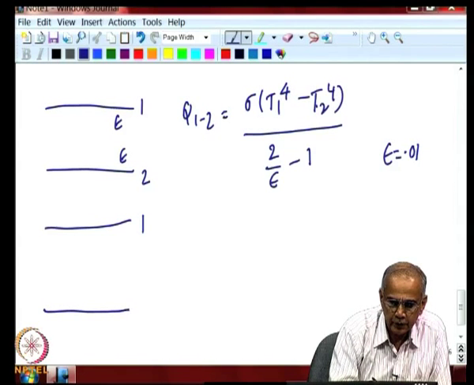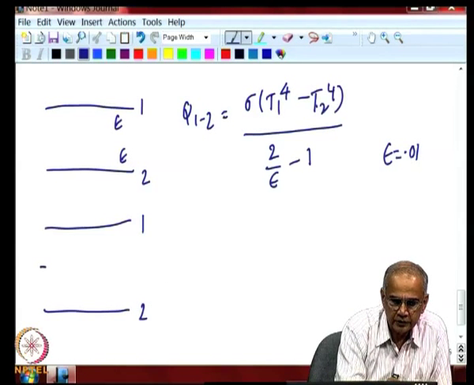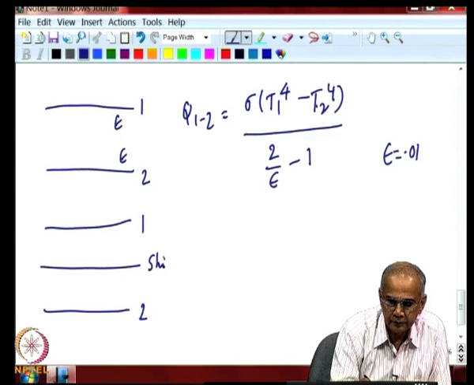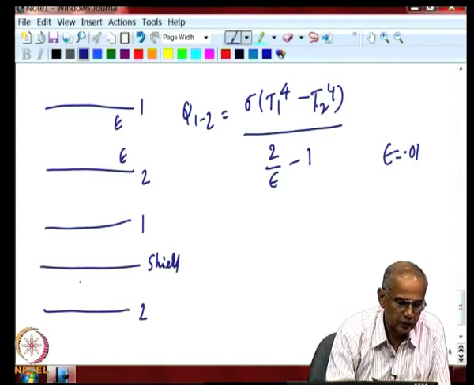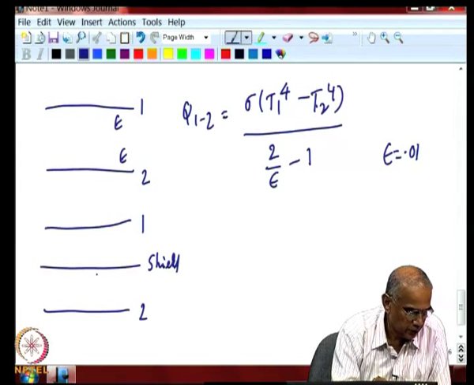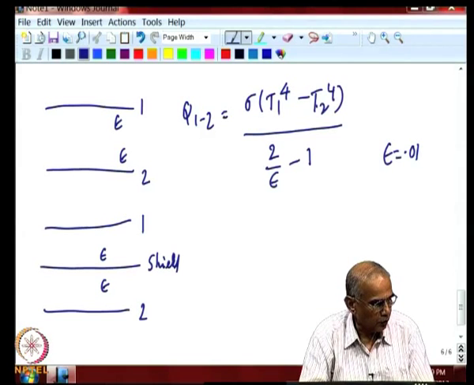So, this is plate 1, this is plate 2. Now, you put a shield. The role of the shield is to reduce heat transfer on this plate. Let us say the shield also has emissivity epsilon on both sides. Now, you can draw the electrical analogy here.